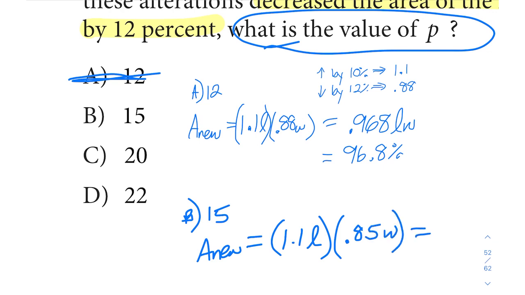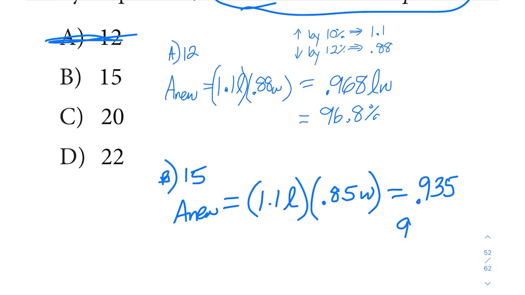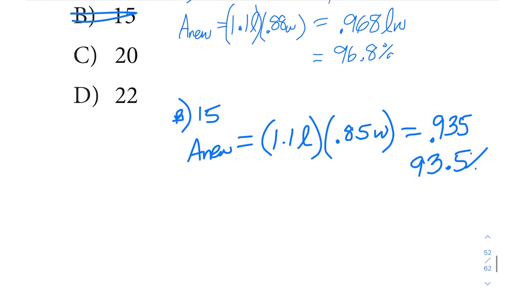But now, if we decrease the width by 15%, that's like multiplying by 0.85. And let's see what that would give us compared to our original area. So 1.1 times 0.85 is going to give us 0.935, or 93.5% of our original. So that's a decrease of about 6.5%, but still not enough.